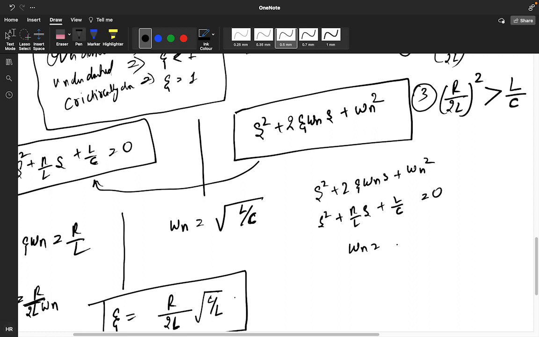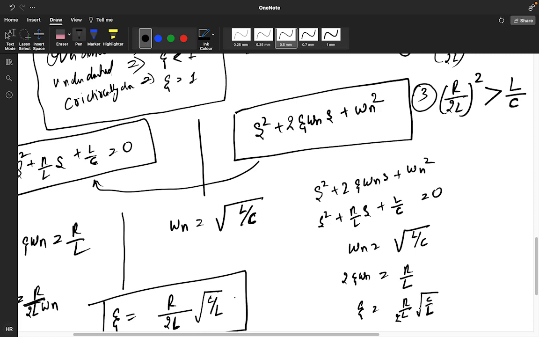So from here omega n is root under 1 by LC, and 2 zeta omega n is R by L.